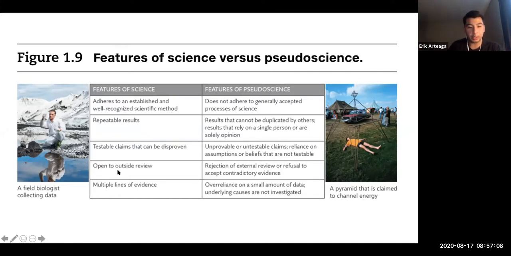Okay. Open to outside review. This is referring to peer review, mainly writing up your experiment and ensuring that your research is solid, that you're doing the proper steps, and that your results are not drawing too much claim out of them. Your conclusions shouldn't expand too much beyond what you've done your research on. This mainly refers to people using the research to explain something much more broad.